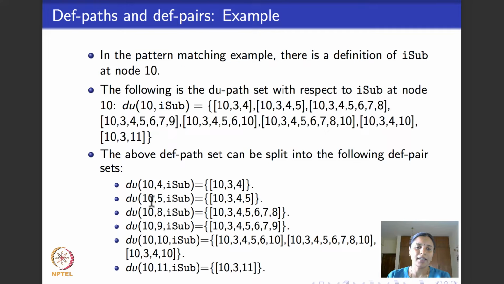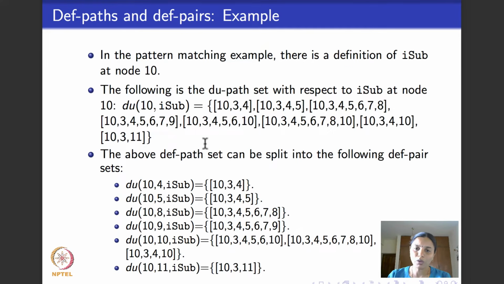Alternatively, I can say I begin its definition at 10 and consider its use at 4, in which case I get only this path. Then I say I begin its definition at 10 and consider its use only at 5. I get this path beginning at 10, ending at 5. Similarly, beginning at 10, ending at 8 is this path. Beginning at 10, ending at 9 is this path, and so on.